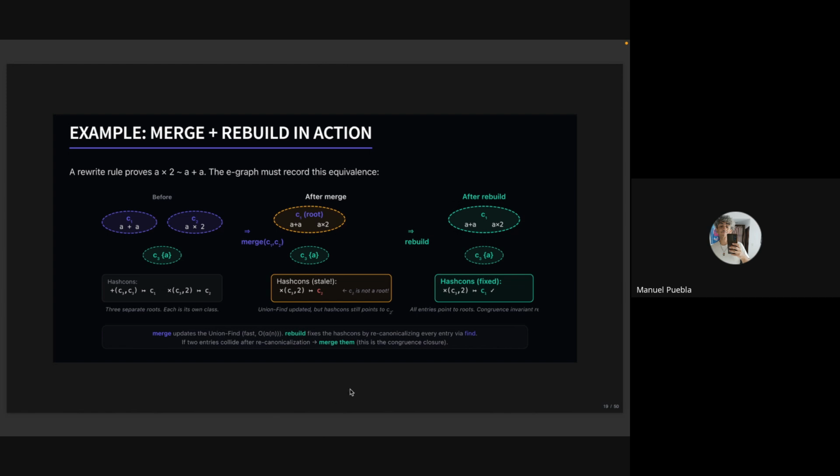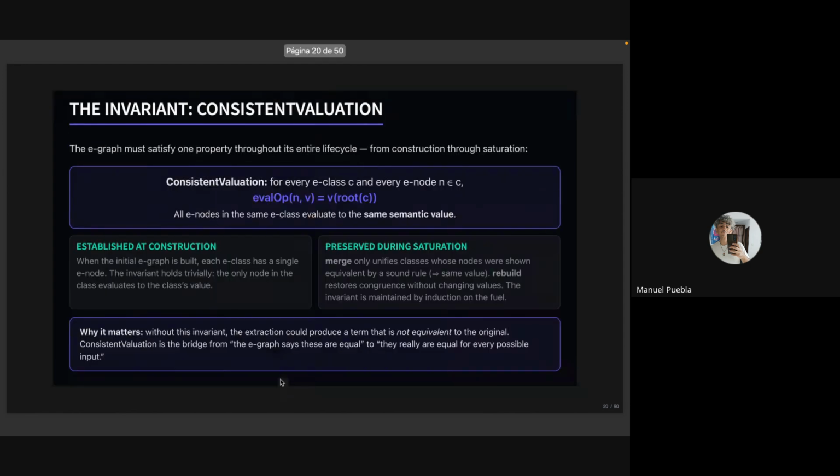These merge and rebuild functions are necessary for the construction of the e-graph, and also at the stage of saturation. What's going on behind all this is the consistent valuation property. We're going to make sure that all the elements in an e-class evaluate to the same thing; they have the same semantic value.